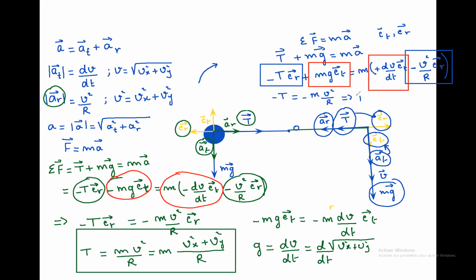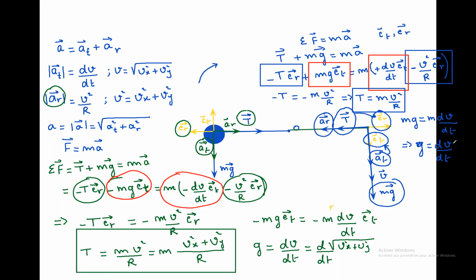So T equal m v square divided by r. It's the first equation. You can calculate T, you can calculate v as you like. And the second one, you can write mg equal m dv divided by dt. So g equal dv divided by dt. I think it's clear, okay?